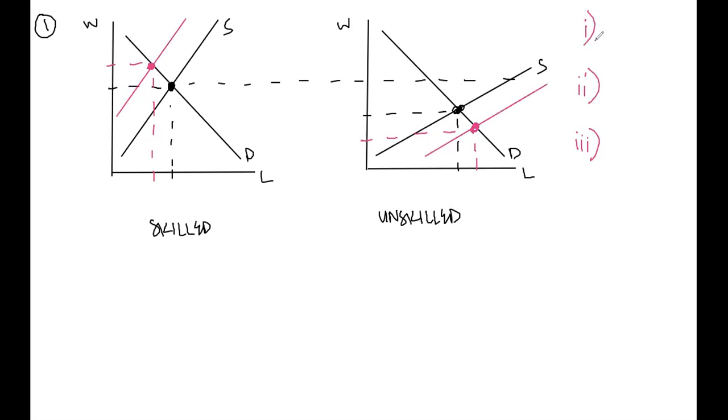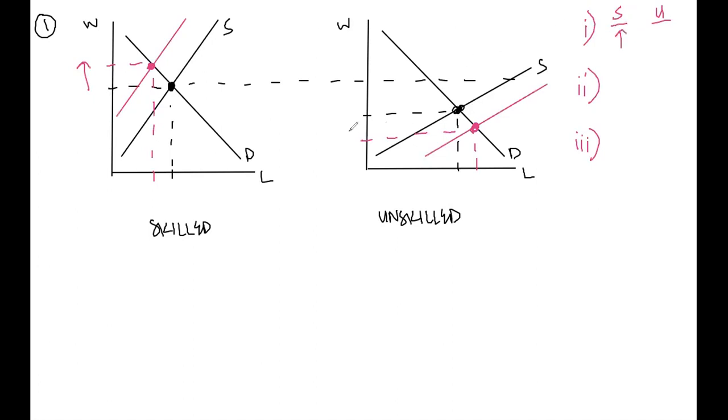The first thing it asked us was analyze the impact of the following changes on the equilibrium wage in each market. So I'm going to label this skilled and unskilled. In the skilled market, this left graph, we can see that the equilibrium wage increases.